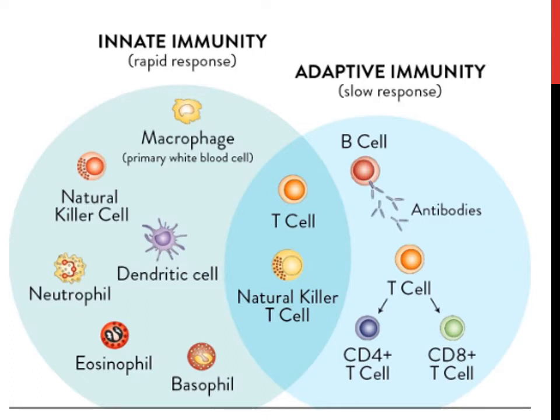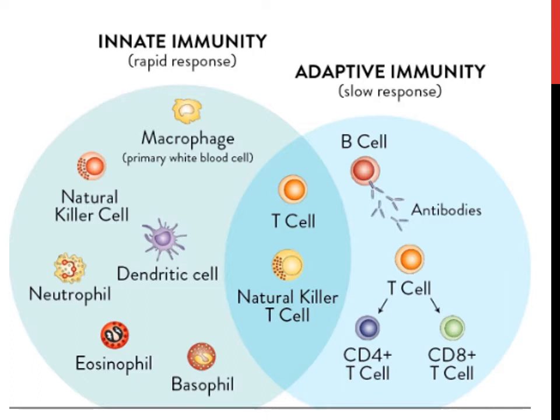Okay? And the B cells can then produce antibodies, and the T cells can produce cytotoxic T cells, which are the CD8 cells, and T helper cells, which are CD4 cells.